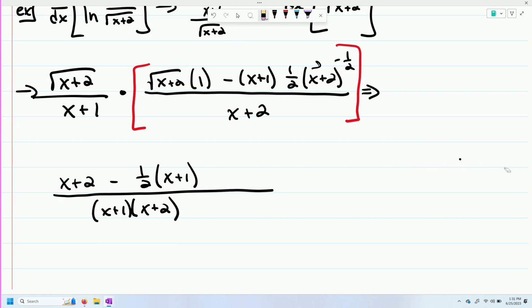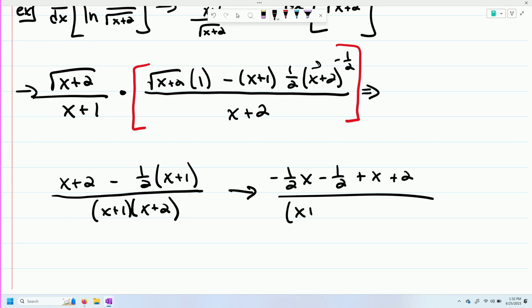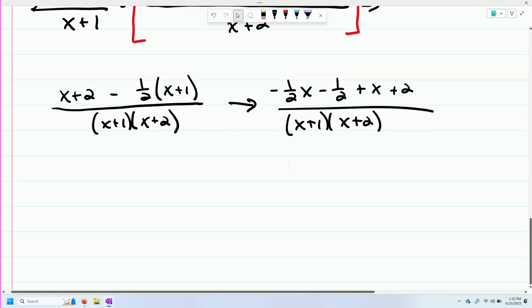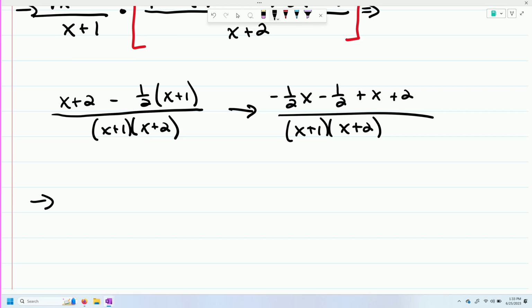Let me just erase this real quick. Let me do that. There we go. All right, so here I'm just going to distribute. We get negative 1/2 x minus 1/2 plus x plus 2 all over x plus 1 times the quantity x plus 2. And that's going to give us, let's see, negative 1/2 x plus x is going to be 1/2 x.